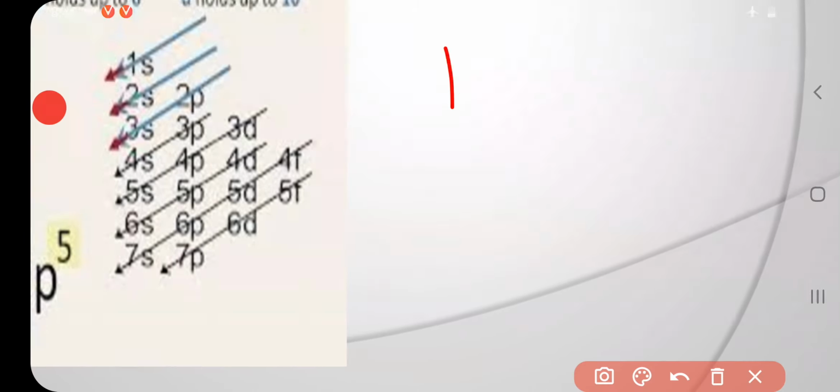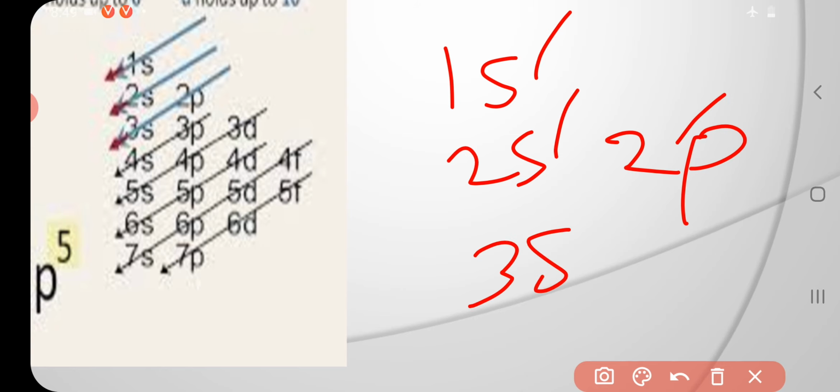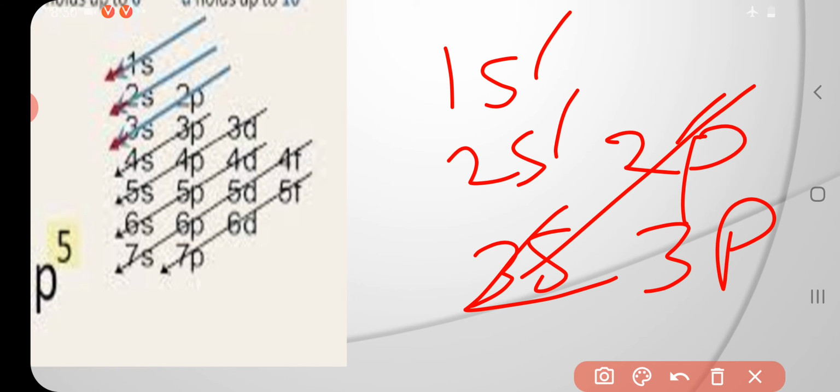First 1s means the first electron in the first shell, then the second, then the third electron will be here. Then 3s will be next. When 3s is filled, then 3p will come. So when 3p is filled, then 4s, and afterwards 4d.